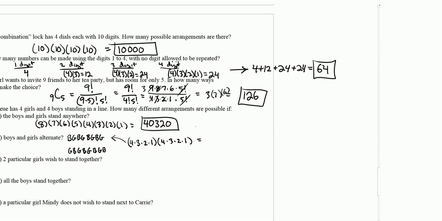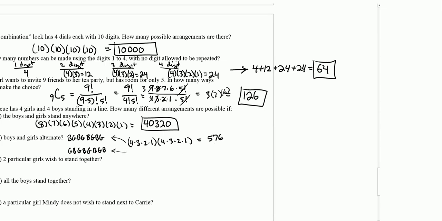And so we got 4 factorial times 4 factorial ways. And 4 factorial is 24, so we got 24 times 24, which is 576 ways.